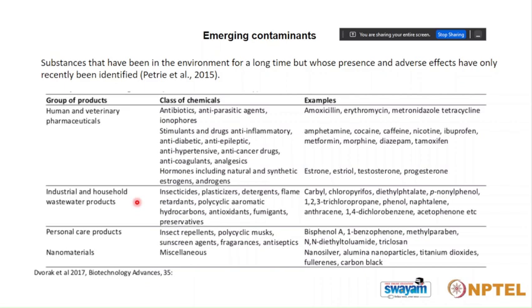All these compounds are used in our day-to-day life, and they can also serve as a source of land and water contamination. And personal care products, nanomaterials, and these compounds can also serve as a source of contamination. Basically, insect repellents.